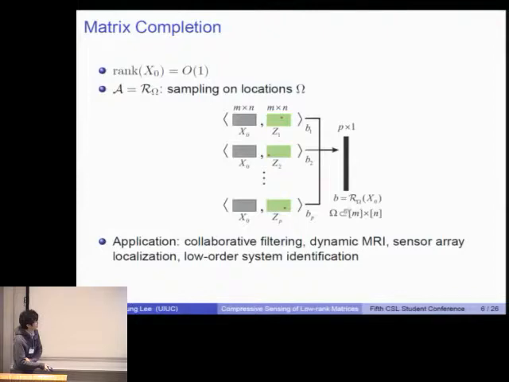Omega is a subset of all indices, and the linear operator is described as an inner product with a spiky matrix. There's only one nonzero entry and the others are 0. Related applications are, as we saw, collaborative filtering, dynamic MRI reconstruction, sensor array localization, and low-order system identification.